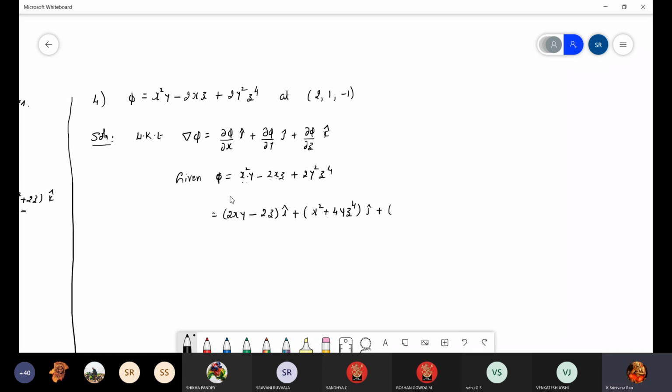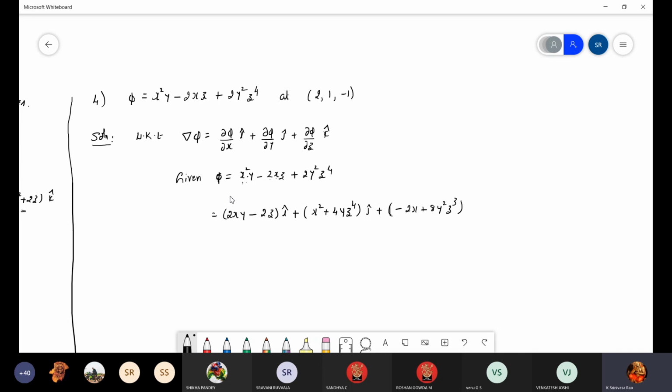Last term plus with respect to z. First term is 0 because no z here, x square y both become 0. Second term with respect to z means minus 2x, and here 2y square constant as it is, but z power 4 differentiation is 4z cube. That 4 2s are 8 y square z cube.